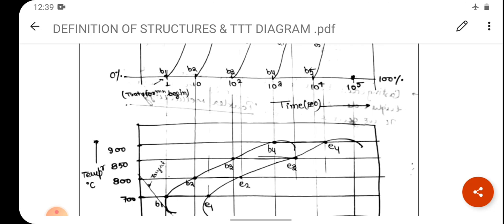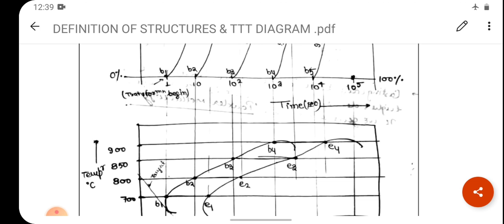So this is known as the TTT curve. If a number of samples are plotted in this way, you will get this type of diagram, in the form of C. So this is also known as the C curve, or plotted for a number of samples it will form an S type of structure.